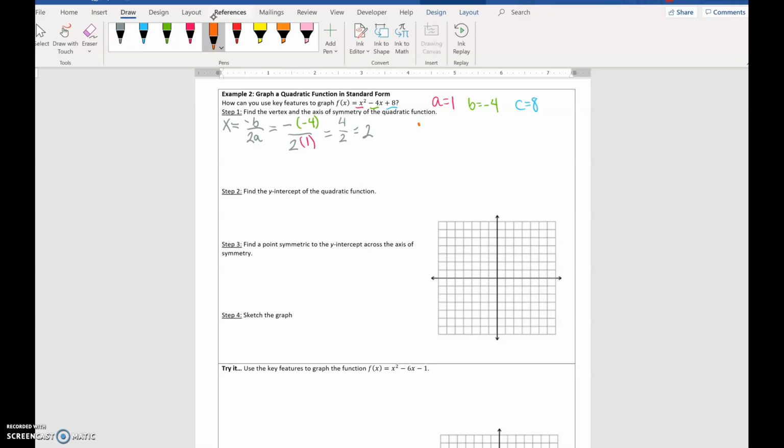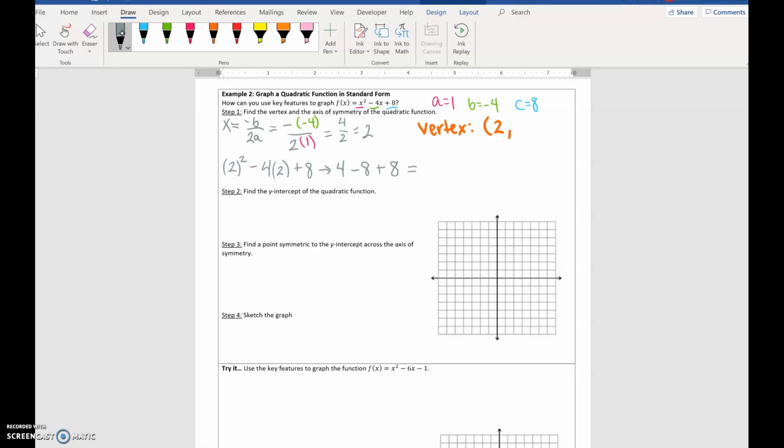So for our vertex so far, we have 2, comma, and then we need to find our y value by plugging this in. So we're going to have 2 squared minus 4 times 2 plus 8, which is going to be 4 minus 8 plus 8.